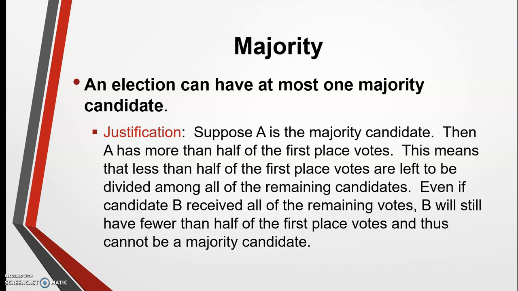Well, if a candidate has more than 50% of the first place votes, then even if another candidate got every other available first place vote, they would still have less than 50%. So you can see the formal justification there, but it basically comes down to it's not possible for 2 different candidates to have more than 50%, since there's only 100% of the votes available.